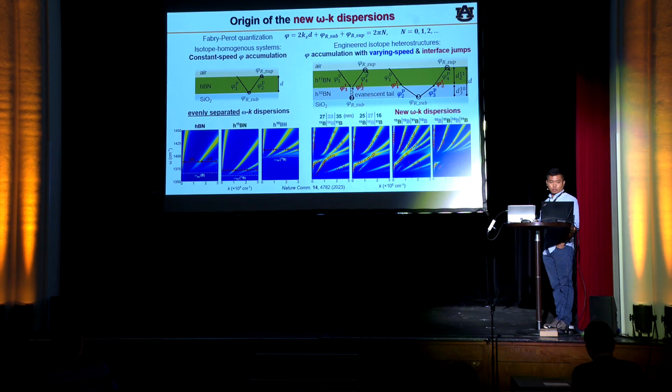So you will have the new isotope phase jumps that depend strongly on the stacking, composition and thickness of the isotope heterostructures that you built. Therefore, you can engineer the energy momentum of your hyperbolic phonon polaritons.